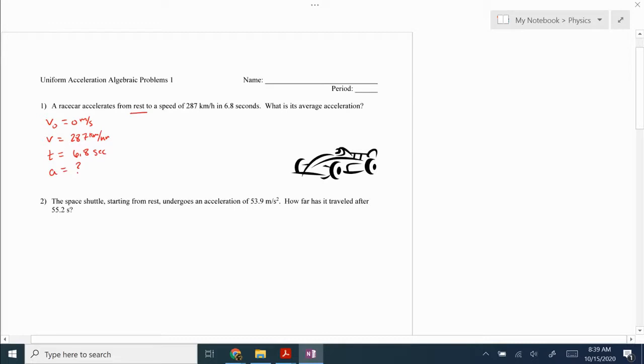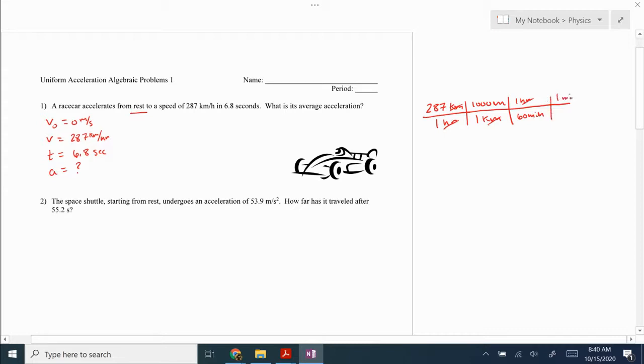Like I said, we're going to need to come fix this 287. So let's fix the 287. 287 kilometers in 1 hour. We're going to want to change that to meters per second. So 1 kilometer is equal to 1,000 meters. Kilometers are gone. 1 hour is equal to 60 minutes. Hours are gone.